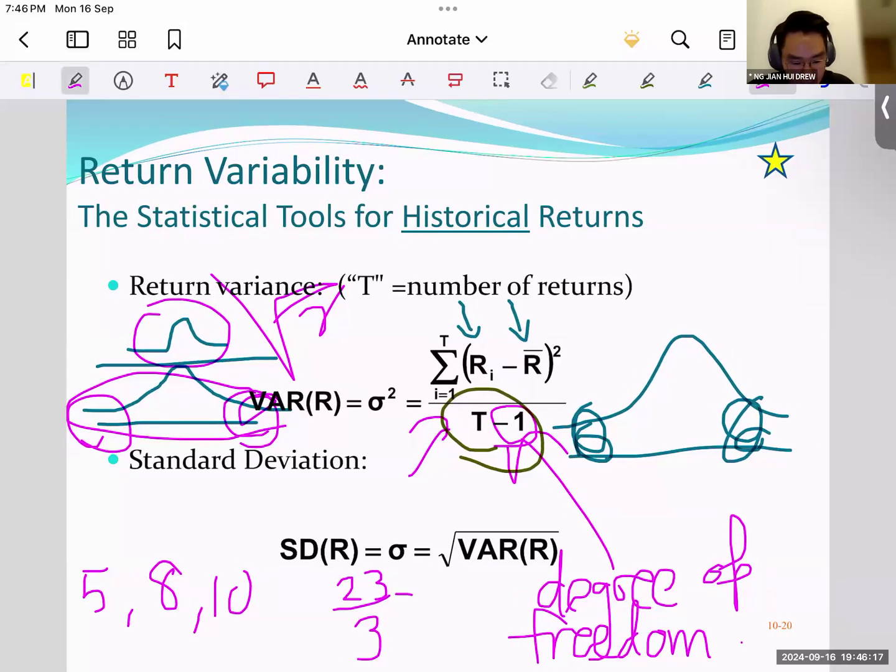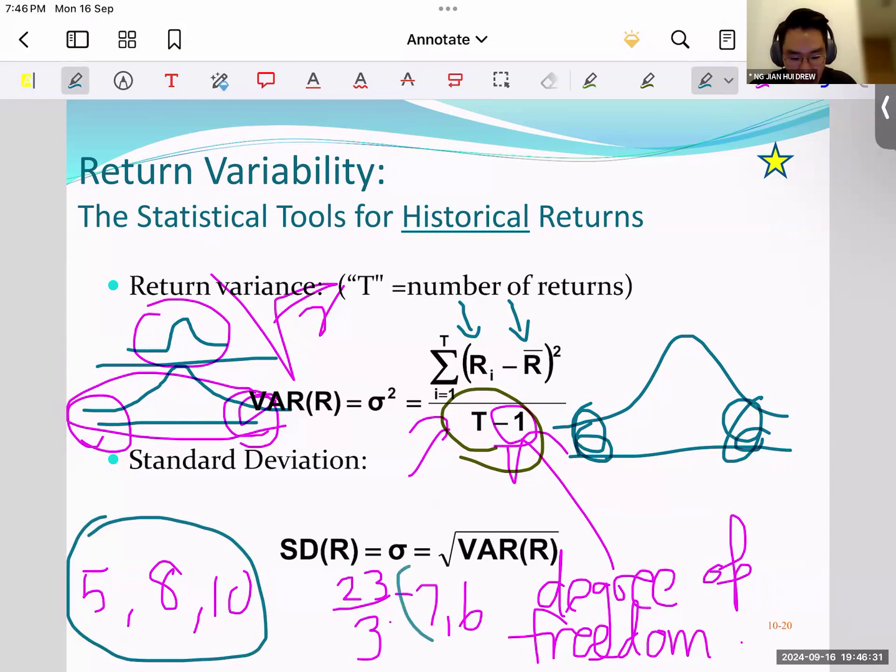If in the data set we have these three numbers and the average, which is 7.6, do we actually need all three numbers? No. Imagine we do not have this number here; we cancel it. You have two numbers and an average of 7.6. Can we derive the third number?